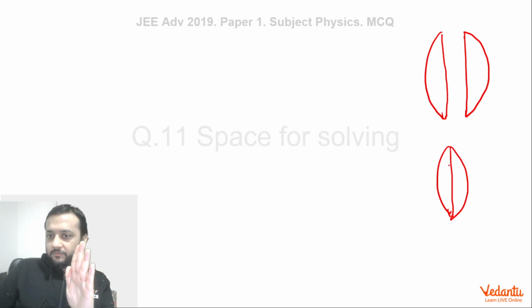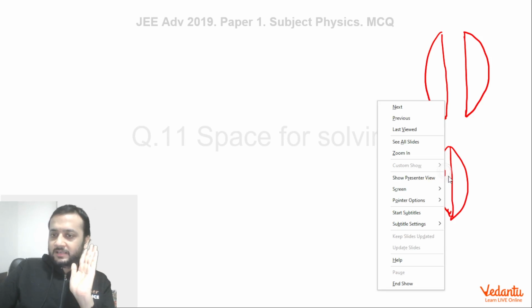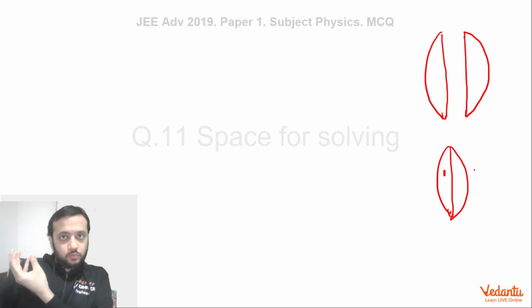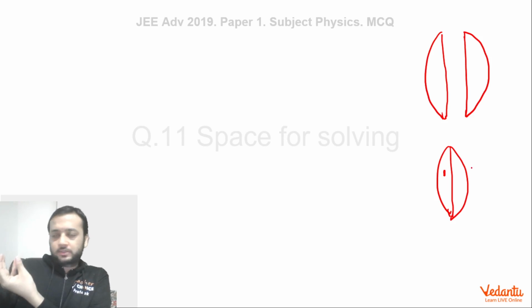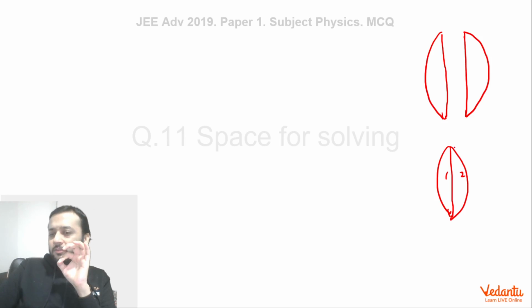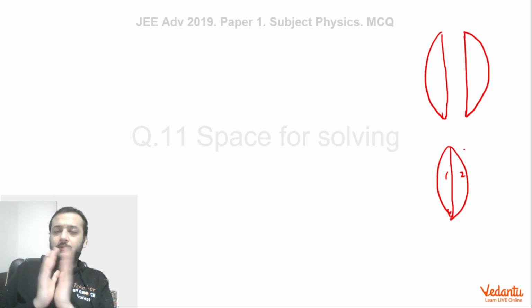Now you have kept one lens, so can we say that this lens is in air? Yes, lens 1 is in air. Now you bring lens 2 in air. Now you keep lens 2 in air and bring it very close. So we can feel as if there is a very thin layer of air present between one and two, but it is not visible to us. So basically one and two are kept very close, and both are in air.